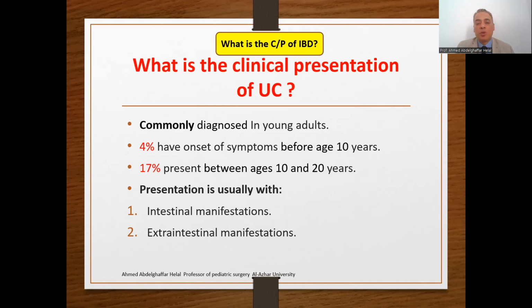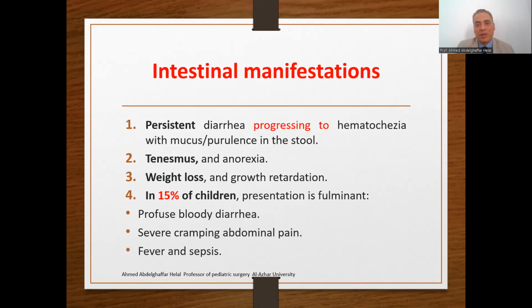Presentation is usually divided into intestinal manifestations and extraintestinal manifestations. Number one, intestinal manifestation. The most common presentation in ulcerative colitis is resistant diarrhea that progresses to hematochezia, fresh blood per rectum, with mucus and pus.